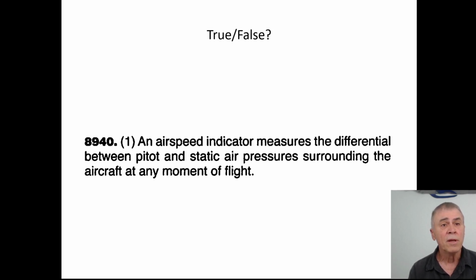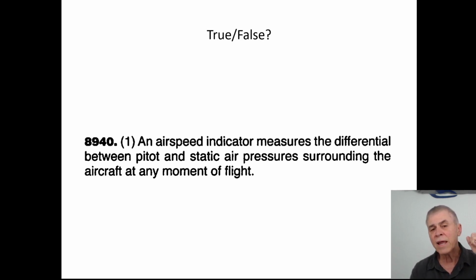It takes in both pitot and static pressures to determine how fast the aircraft is going through the air. Basically, the pitot takes the dynamic air in the end and it would give you one measurement, but if you're at a higher altitude, you're getting less air in.